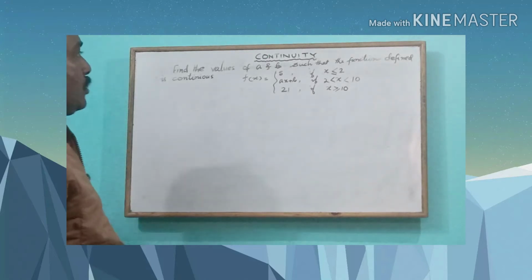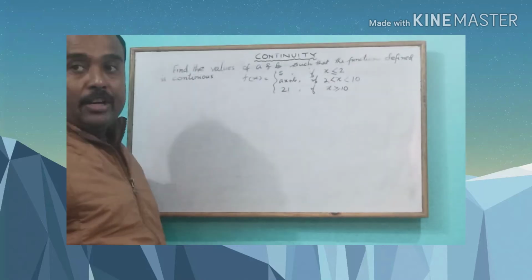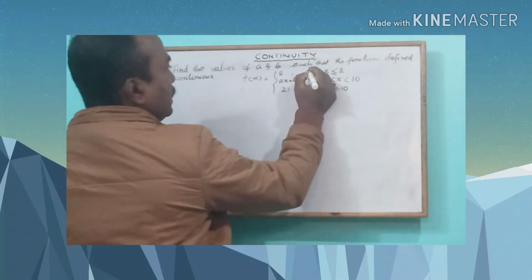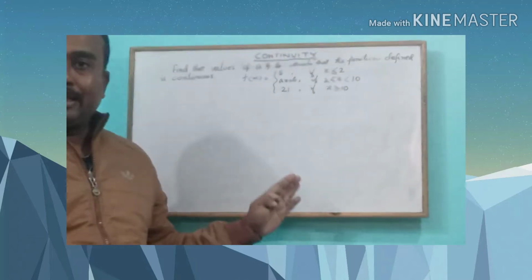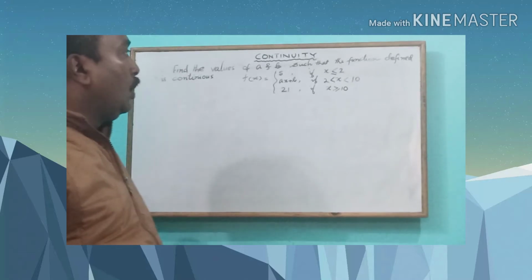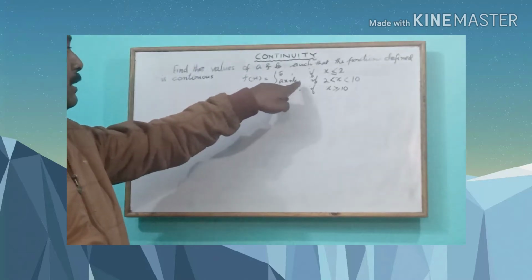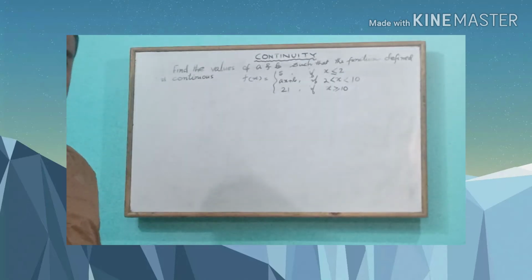Now let us see this question. Find the values of a and b such that the function defined is continuous. Now since it is written continuous, we have to understand that the function is continuous for all real values of x. You have to find the value of this a and this b. The function is defined in 3 steps.